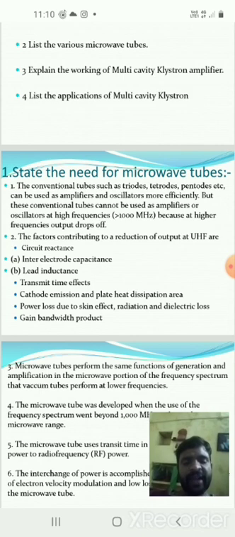The factors affecting conventional tubes at these frequencies are circuit reactance, transit time effects, cathode emission and plate heat dissipation area, power loss due to skin effect, radiation and dielectric loss, and gain bandwidth product.